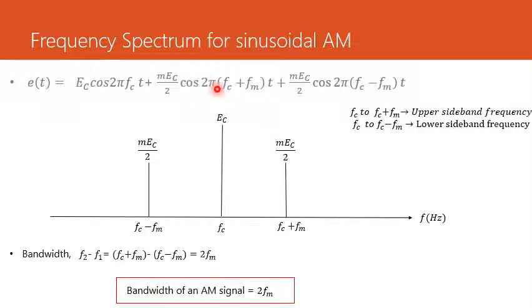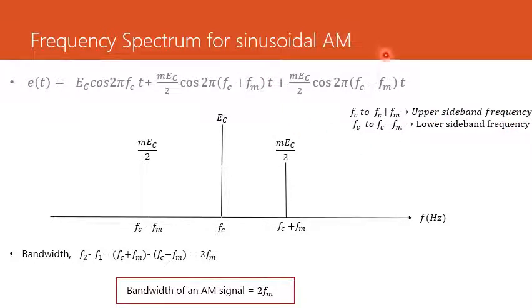The second term is known as the upper sideband, at Fc plus Fm, with an amplitude of m Ec by 2. From Fc to Fc plus Fm is the upper sideband frequency.